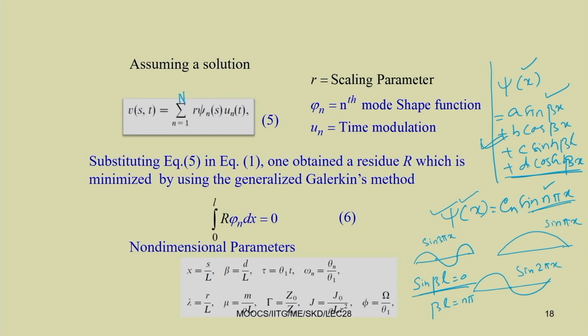They may not satisfy the differential equation or the force boundary condition. In that case, substituting that mode shape in the governing equation will result in some residue, so it will not be equal to 0, and we have to minimize that residue. To minimize it we have to use some weight function.